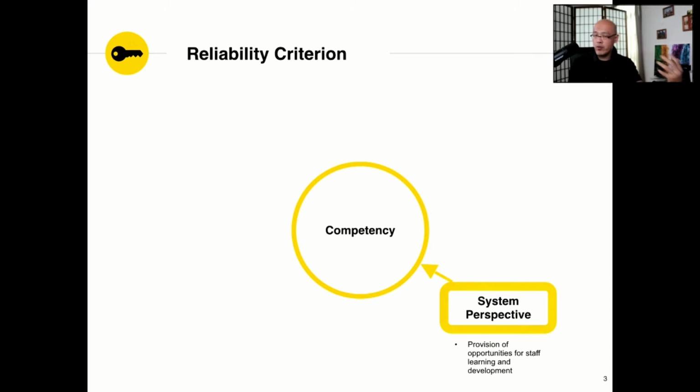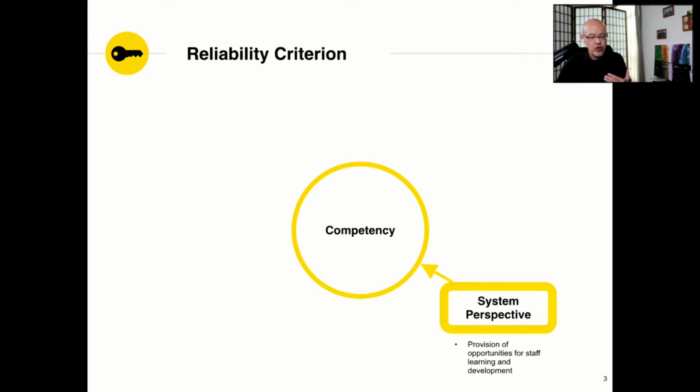This is what we're talking about here when we talk about system perspective. Your systems and processes are what is going to help you get to your end goal. So you say that, in order to help my teachers become competent, I need to put in place a series of learning programs for them.